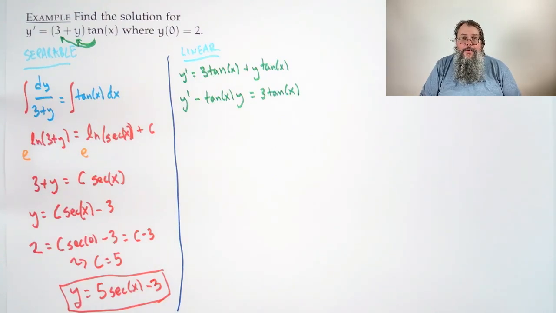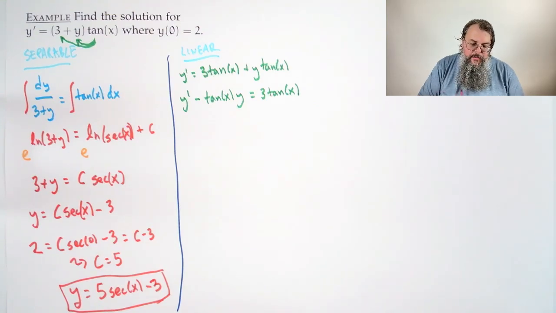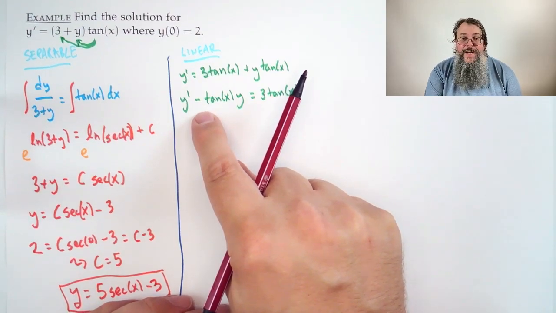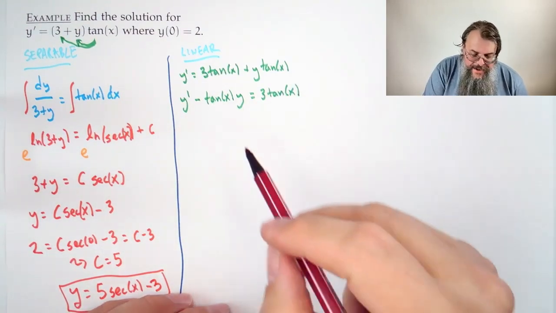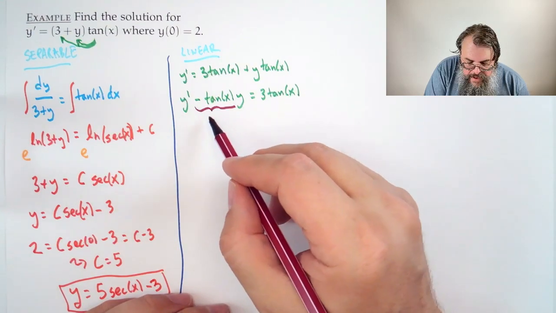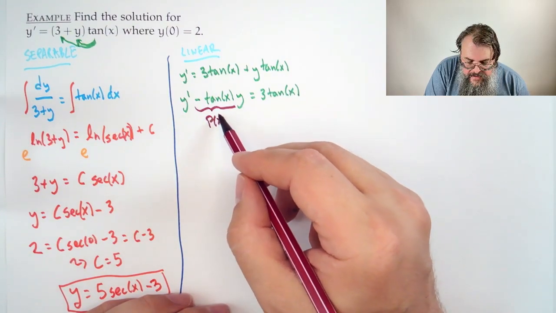And now we go through our process. This minus tangent of x, don't forget the minus. It's easy to forget the minus, so let's be smart right from the very beginning. This minus tangent of x is our p of x.